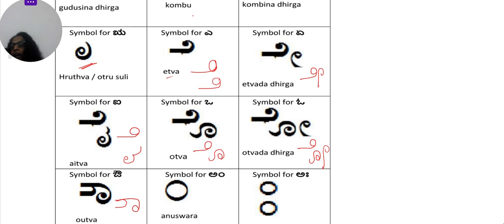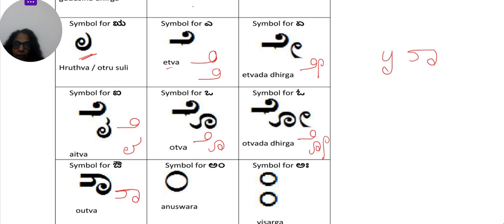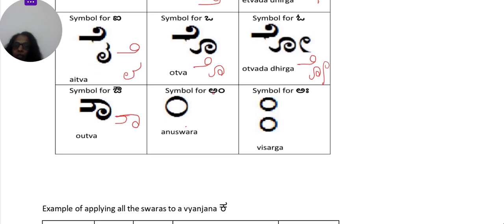It's like a sleeping alphabet Y. See, this is the alphabet Y in English. It is like a sleeping Y. Okay. And then this is the Anuswara and this is Visarga. Sorry, this is Visarga. Okay. This is Anuswara and this is Visarga.